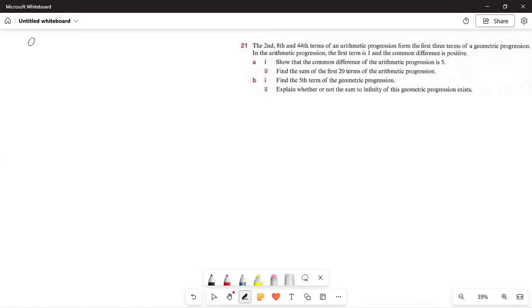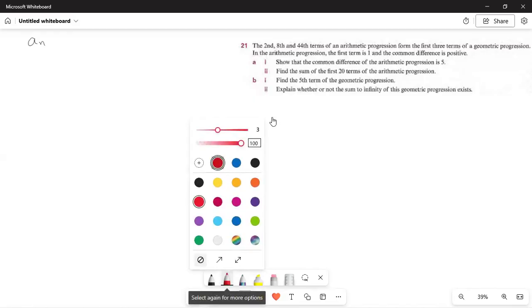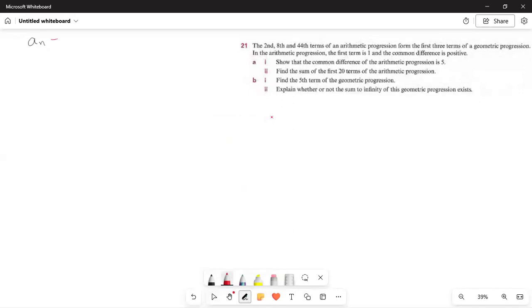So its nth term, we know, an is equal to a plus n minus 1 into d, right? We know this thing. So what about the second term?